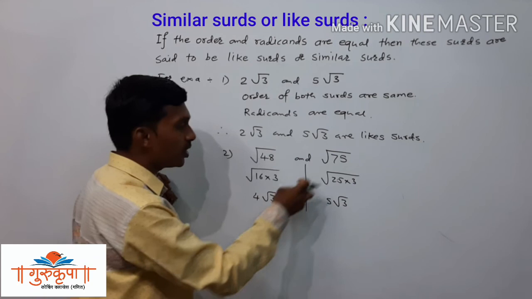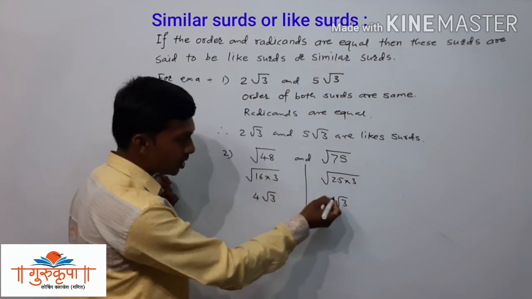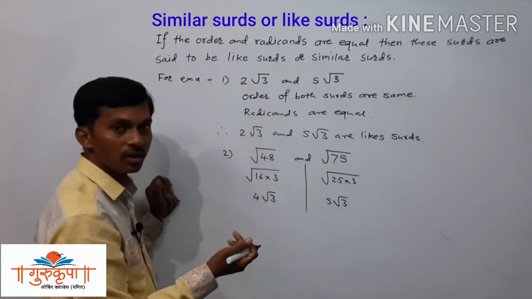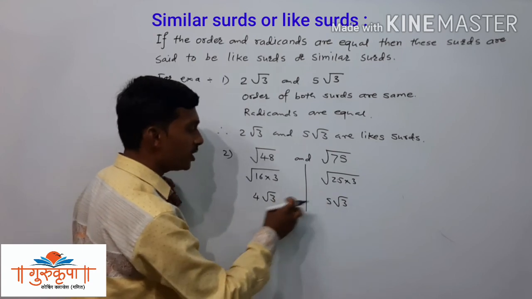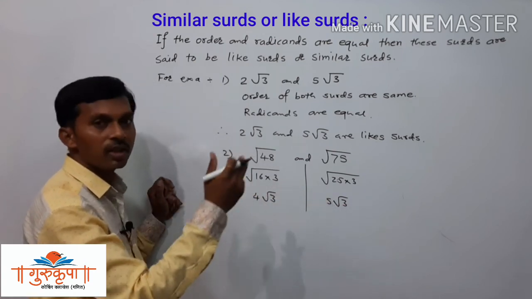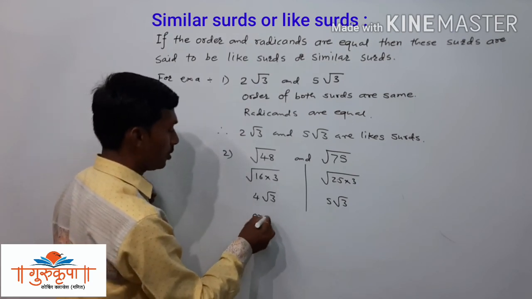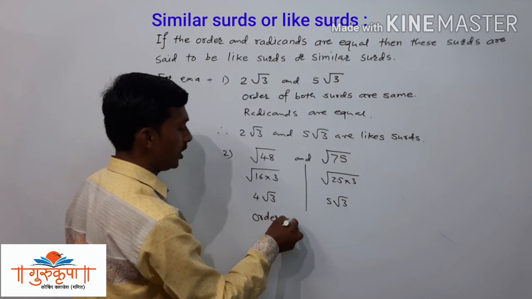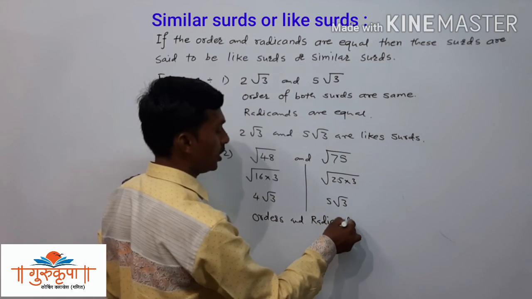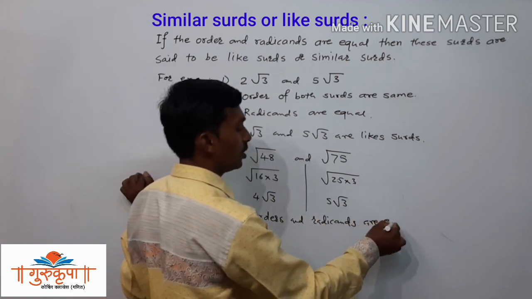Now after simplification, anyone can say that these are like surds. Why? Because their orders are the same and their radicands are also equal. So here you can write: orders and radicands are equal.